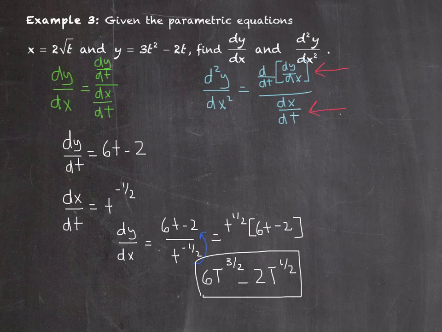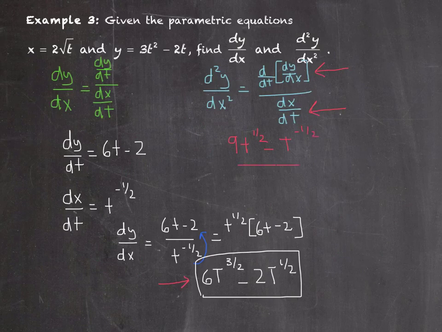So the derivative of dy dx with respect to t is going to be, well, we've got to take the derivative of this function, so that's going to be 3/2 times 6, which is going to be 9t to the 1/2 power. All right, and then minus, and we're going to take the derivative of 2t to the 1/2, which is simply going to be t to the negative 1/2.